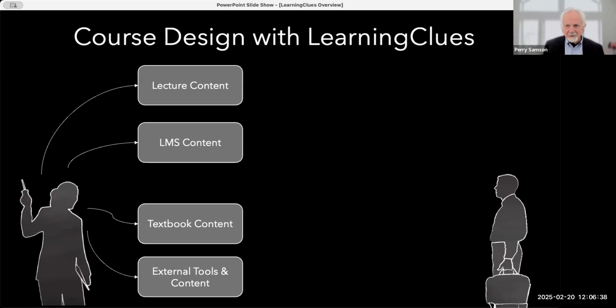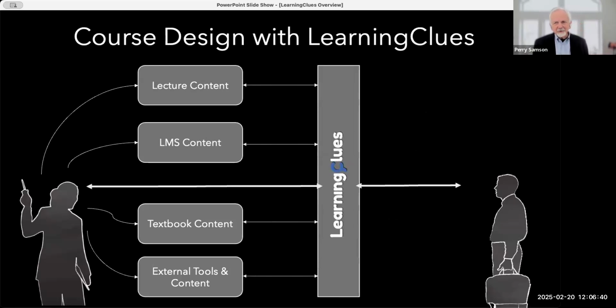So what LearningClues has done is we ingest the material coming from all these sources. We ingest the content coming from the lecture videos, what was talked about in class. We ingest the contents of your LMS with your permission, of course, but we would get any PDFs, links that you have in there, other material that you've made available to your students.